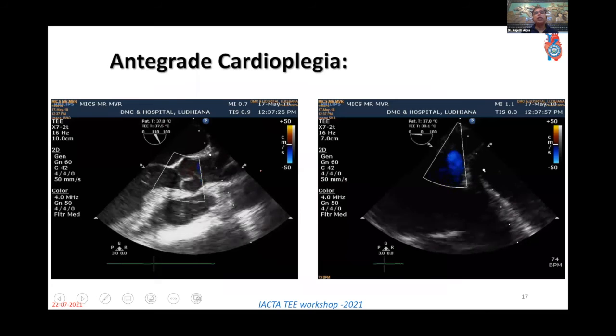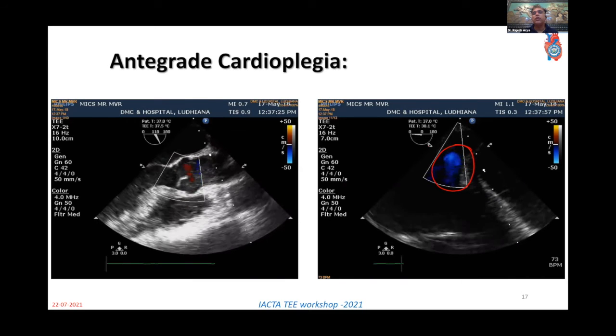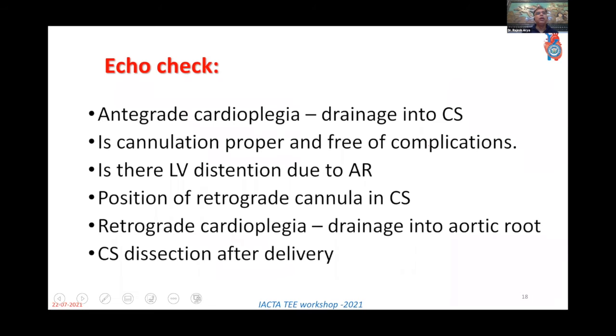And once it is done, we can check the flow of the cardioplegia coming from the coronary sinus towards the right atrium. So in the echo check, whenever we do antegrade cardioplegia, we must check the drainage of the cardioplegia solution to the coronary sinus, whether cannulation is proper and free of complications, and whether there is any LV distension due to aortic regurgitation.